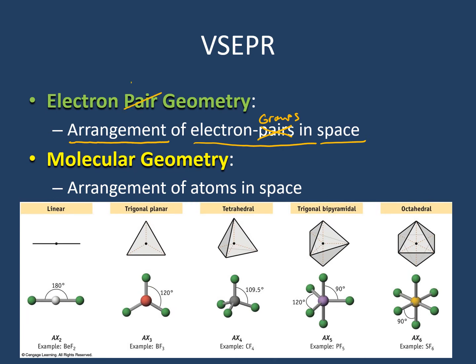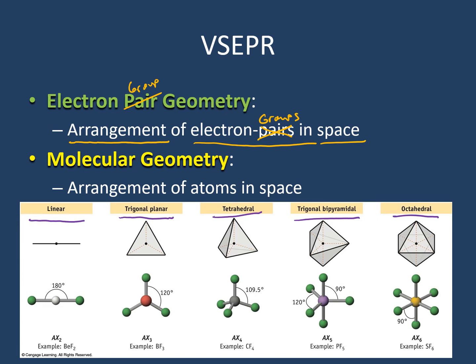All right, again, I like to use the word group. There are 5 different electron group geometries that we're going to cover in this class. So the 5 different electron group geometries we cover are linear, trigonal planar, tetrahedral, trigonal bipyramidal, and octahedral. And within each one of these electron group geometries, there are different possible molecular geometries.